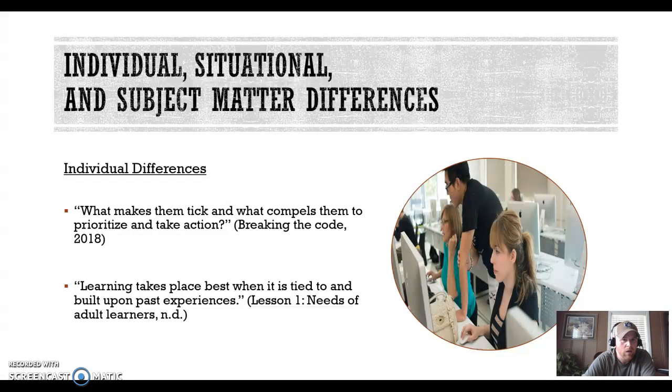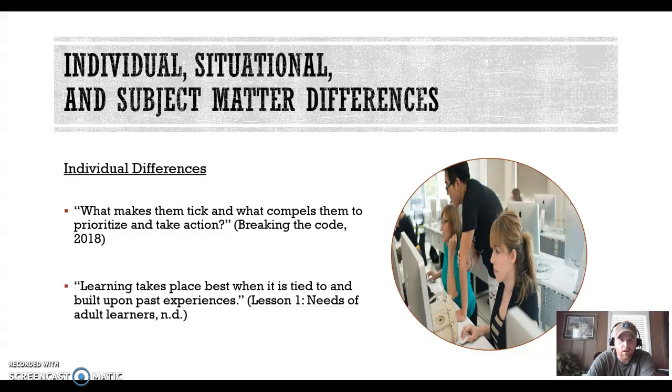First off is you have to identify what makes the learners tick and what compels them to prioritize and take action. And really, this gets into the motivation of the learner. Obviously, as adults, we're not forced like you were as a kid to be taking a class, especially for both of these courses, the fantasy football and the hurricane preparation.